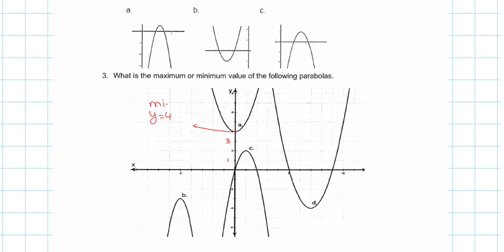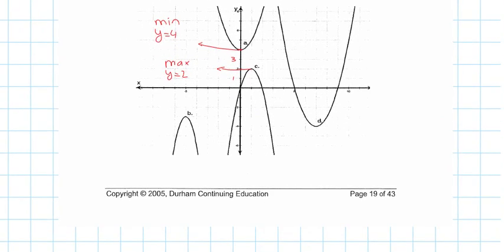Okay, let's look at this one. Max or a min? Max. And then it's at y equals 2. Max or a min? And it is -3, yeah.